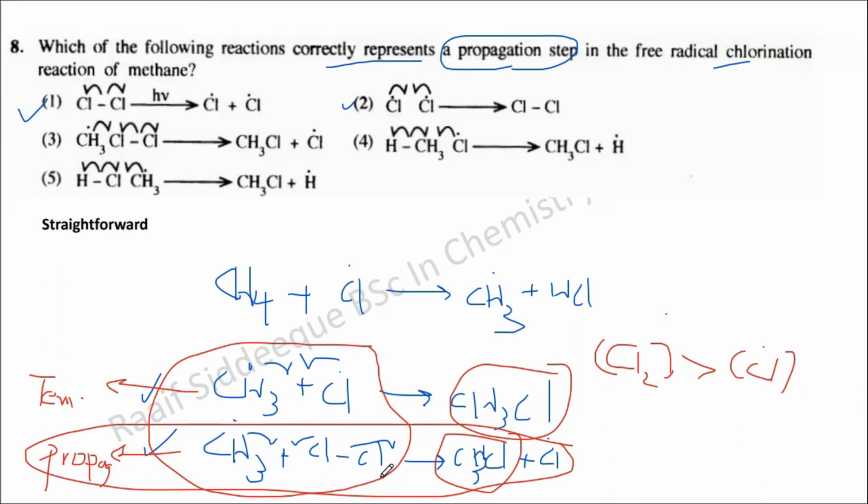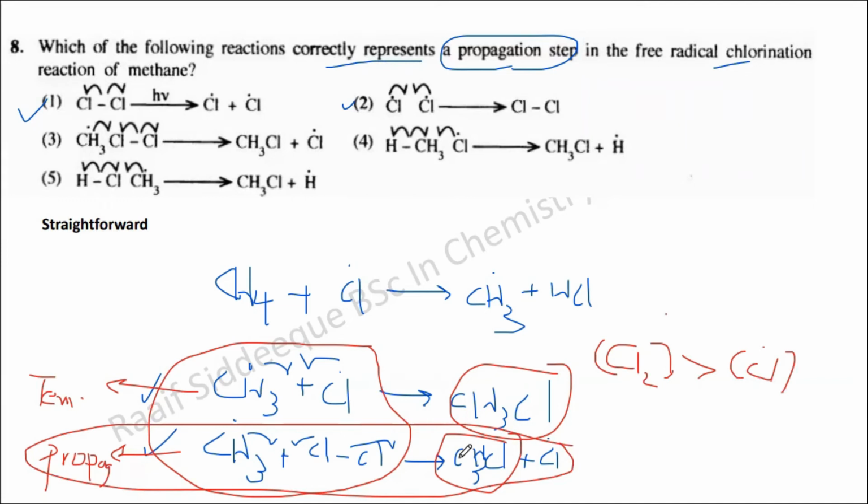Since the concentration of Cl2 is higher in the mixture, the possibility of a CH3 radical meeting a Cl radical is lower than meeting a Cl2 molecule. That is why this step becomes prominent.